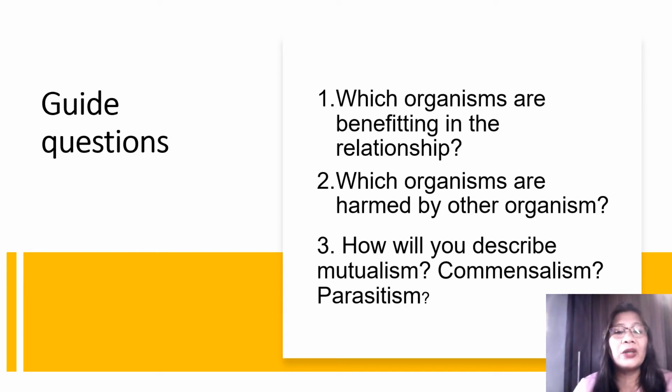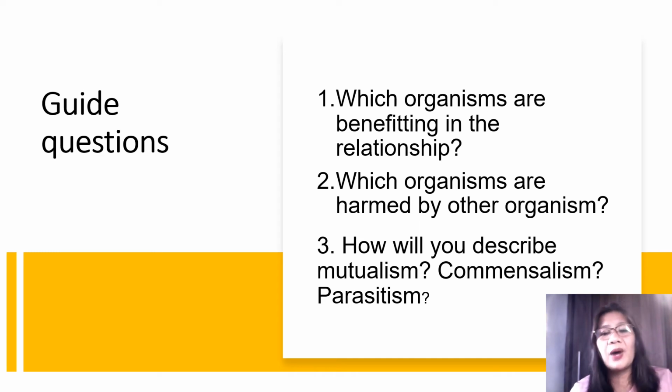The guide questions to be answered. We will answer them later, okay? I am posting them just so you can answer them later. Here are the guide questions. Number 1. Which organisms are benefiting in the relationship? Number 2. Which organisms are harmed by other organisms? And number 3.